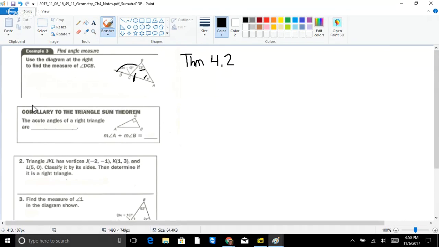We want the ones that are opposite, non-adjacent, basically. So if I want to write this out as a formula, the measure of angle A plus the measure of angle B equals my exterior angle. So that equals the measure of DCB.